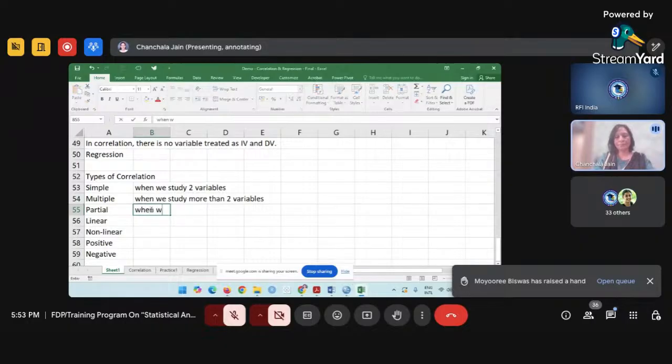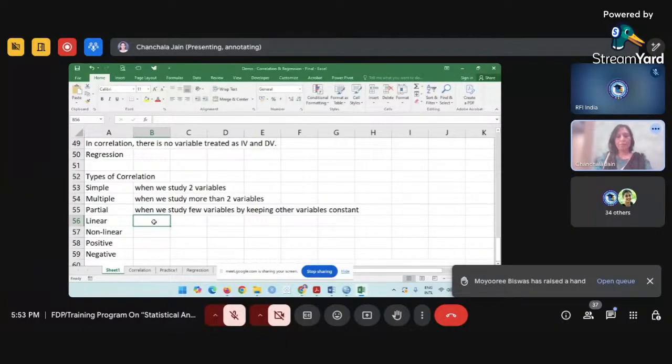When we study a few variables by keeping other variables constant, it is known as partial, right?